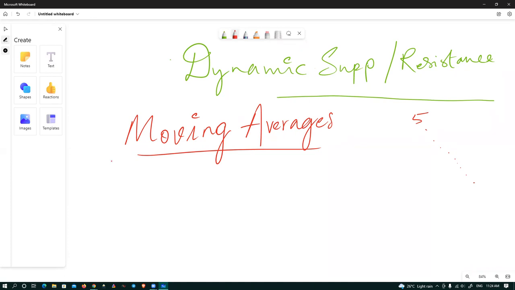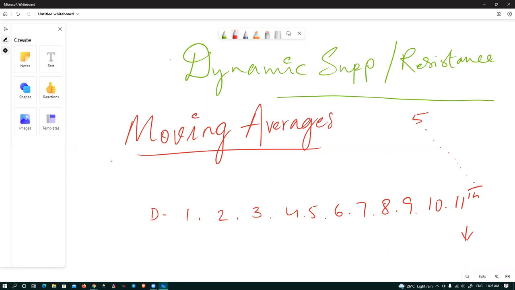Suppose these are the days: day 1, day 2, day 3, day 4, day 5, day 6, day 7, day 8, day 9, day 10. So we have 10 trading days, and on the 11th day, I need the moving average for that day. How to calculate?